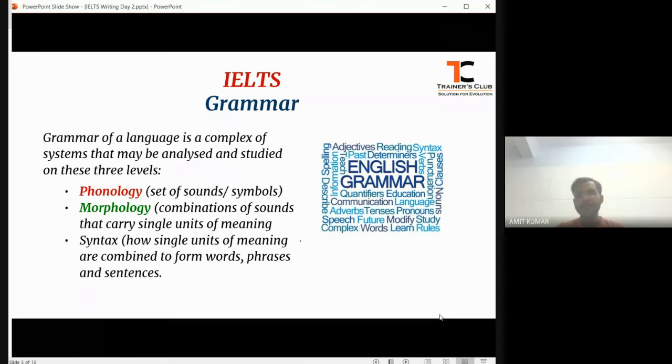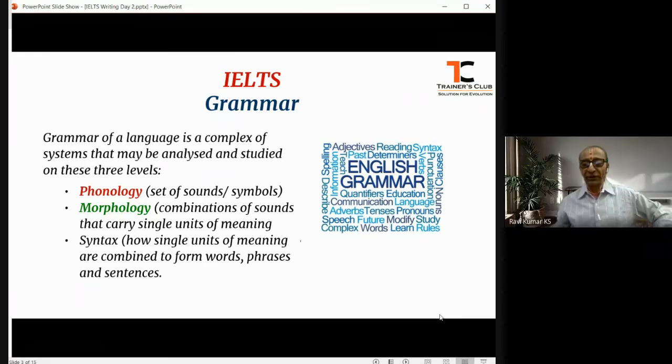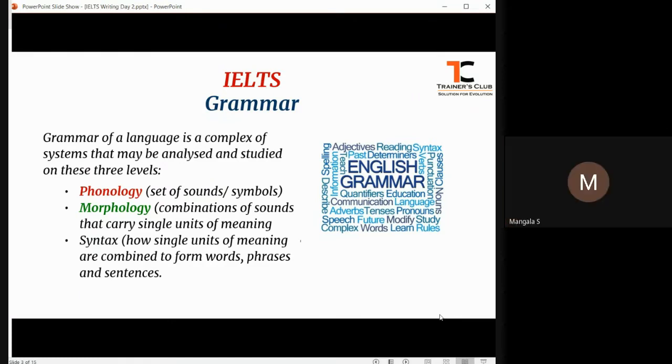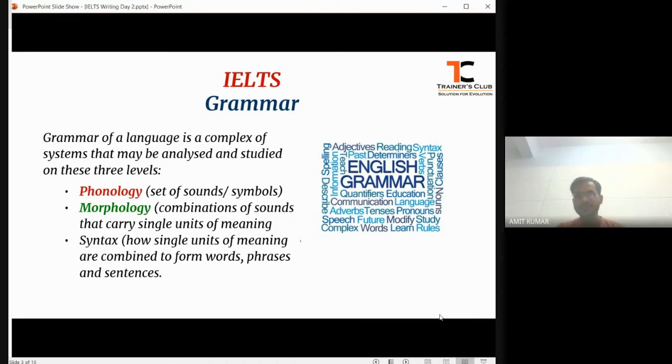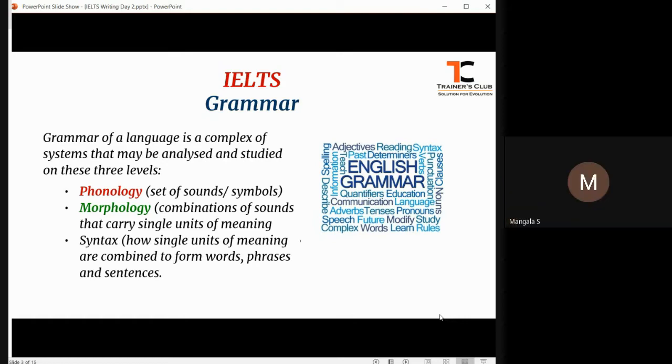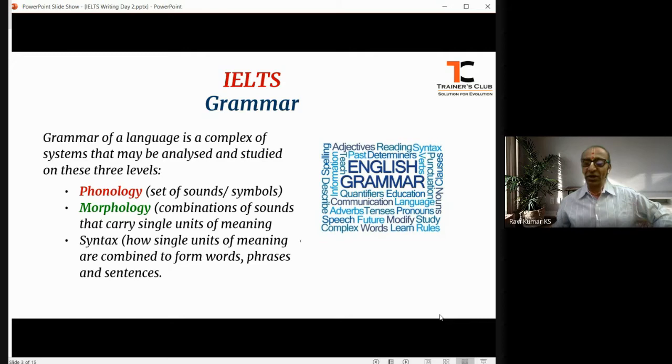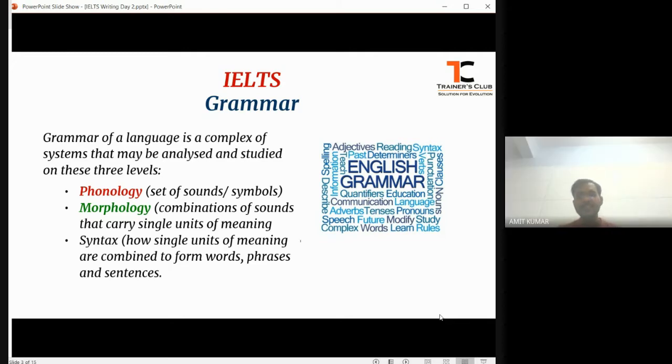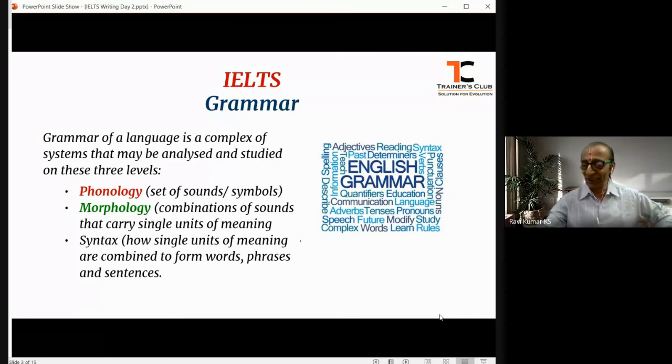Preposition, conjunction. Great. Beautiful. What more is left? Injection. Yes, sir. COVID injection.